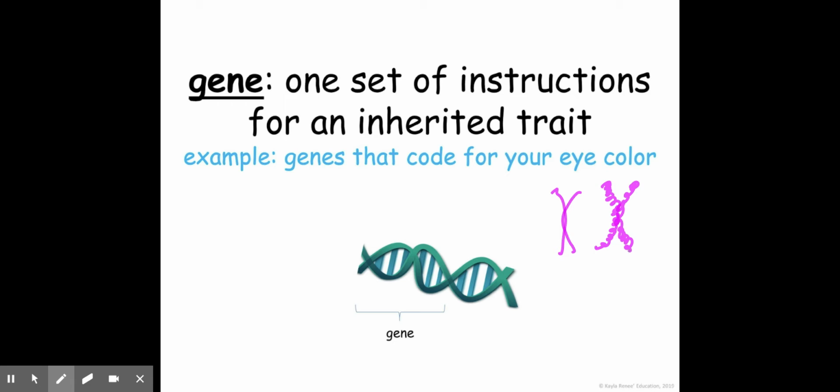there are different genes. A gene is just a portion of this. Maybe this right here that I've marked out in blue is the gene for eye color, and this one that I'm marking out in green is the gene for hair color. They're wound on the DNA strand in your chromosome.